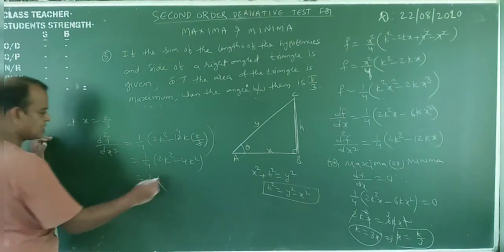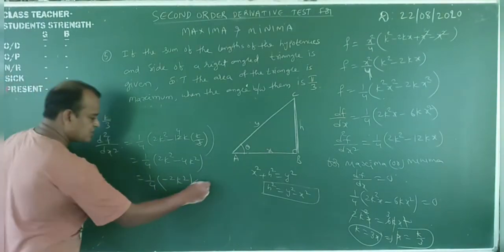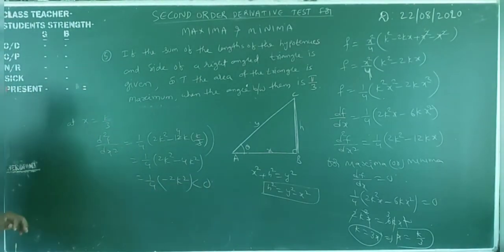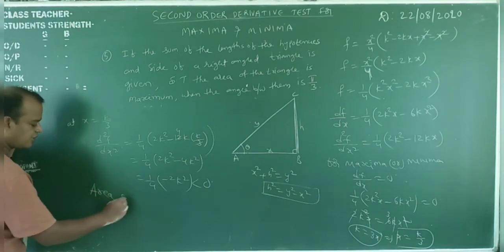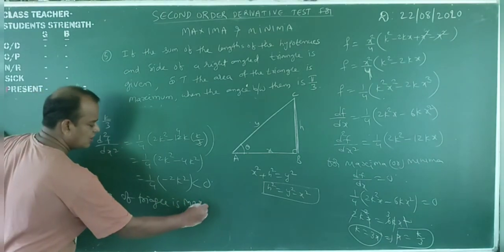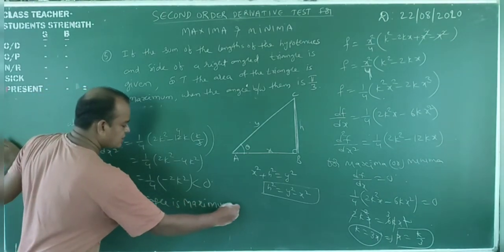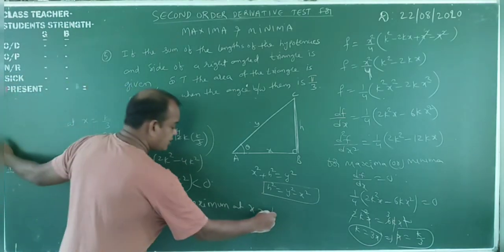So 1 by 4 into (2k square minus 4k square) means minus 2k square. Positive or negative? This is 100% negative. So the area of the triangle is maximum at x is equal to k by 3.